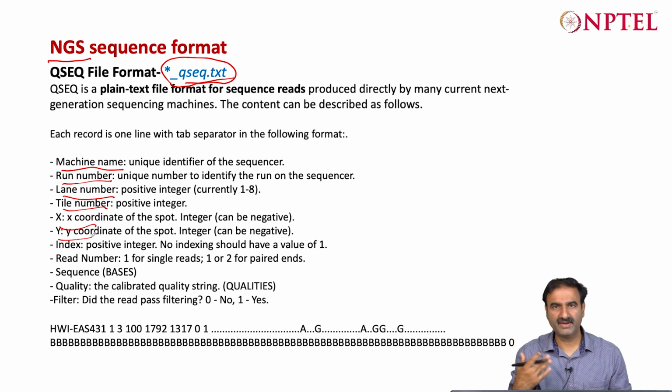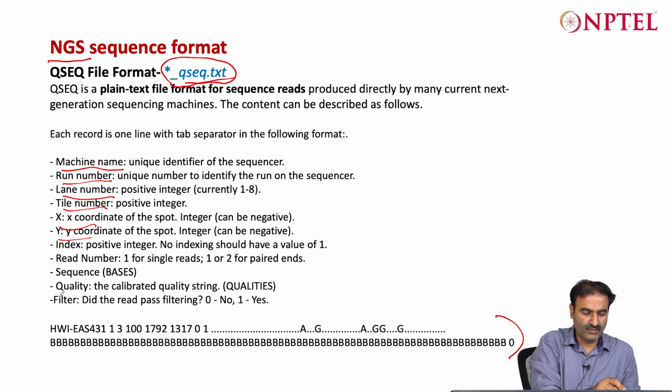This matters because if in that corner you are not getting good quality sequence, you can go back and check whether the camera did not work in that place, or there was some fluidics issue or something like that in that area.